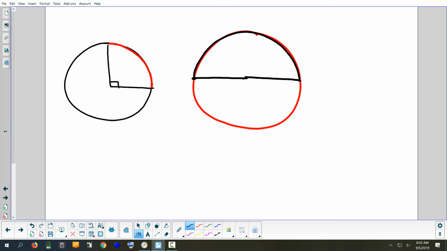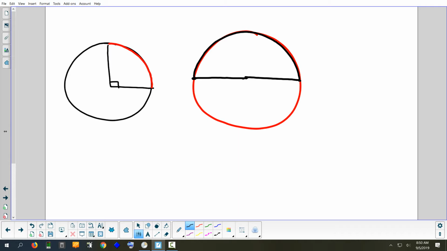What happened to the size of the arc? How much bigger? It doubled, right? So when I doubled the size of the angle, it doubled the size of the arc. If I were to triple the size of the angle, it would triple the size of the arc. That means directly proportional. As one thing changes, the other thing changes exactly the same amount, proportionally.